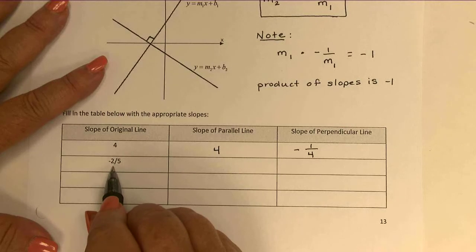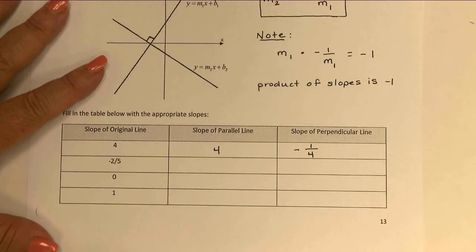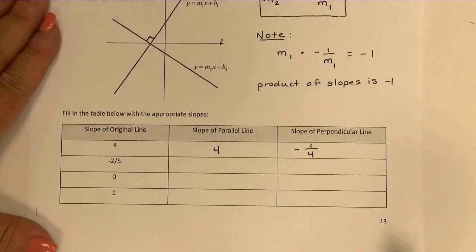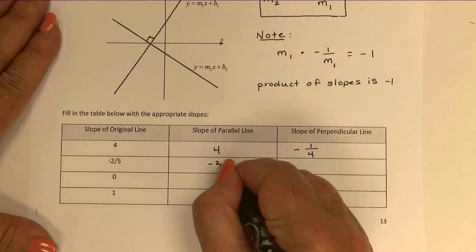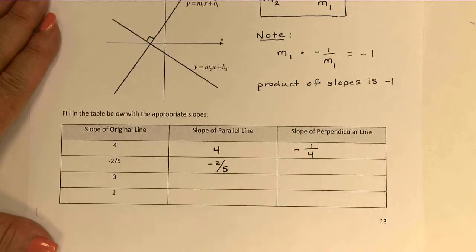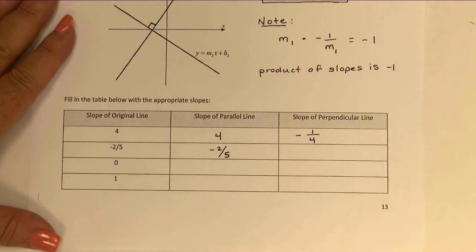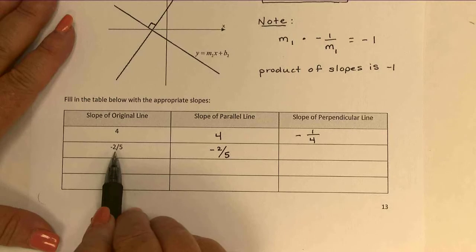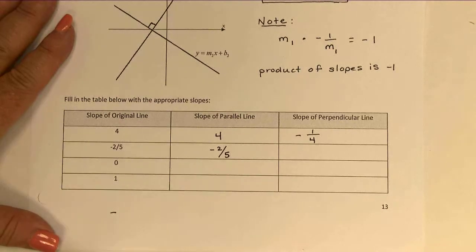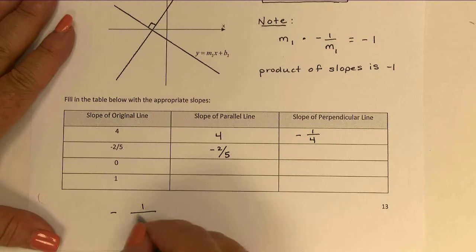In the second example, if the original line has a slope of negative 2/5, the parallel line will also have a slope of negative 2/5. And I'm actually going to use the space down below here just to illustrate the perpendicular. I know that I have to go with a negative and then 1 over the original slope.